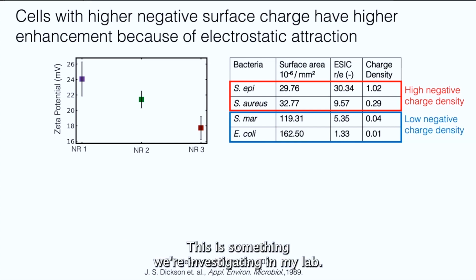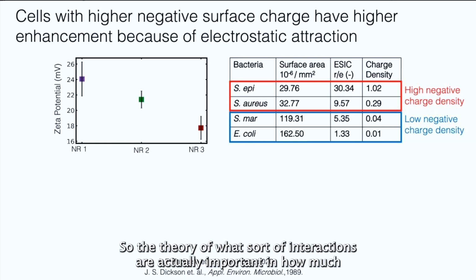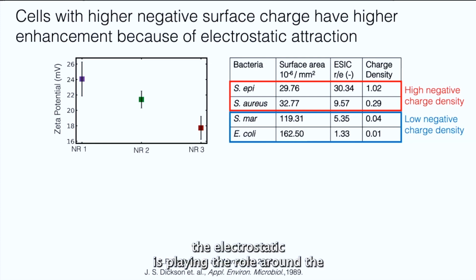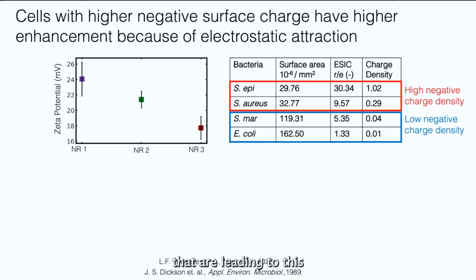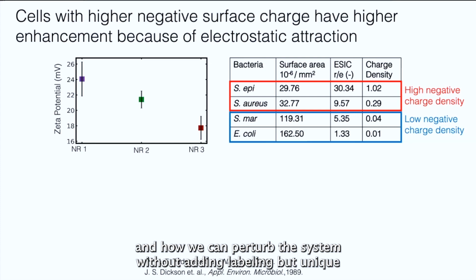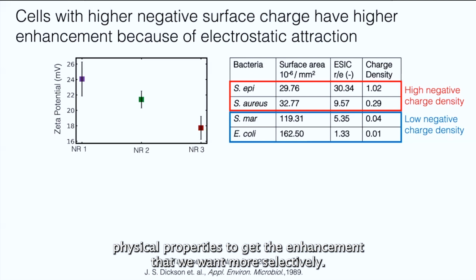This is something we're investigating in my lab, both the theory of what sort of interactions are actually important and how much the electrostatics is playing a role around the membrane and the surfactant on the nanoparticle, but also doing experimental studies of different fluidic environments that are leading to this and how we can perturb the system without adding labeling, but using unique physical properties to get the enhancement that we want more selectively.